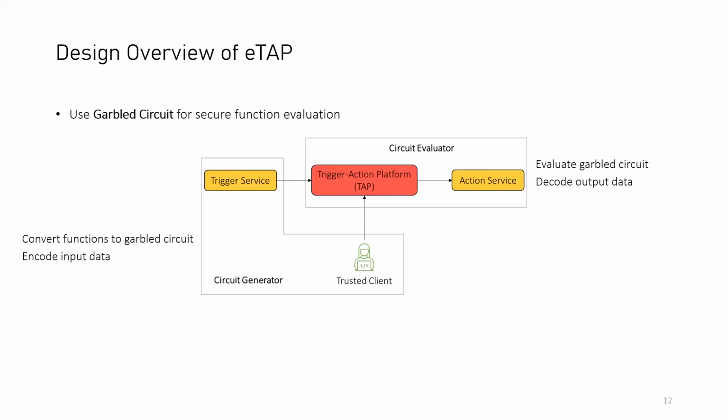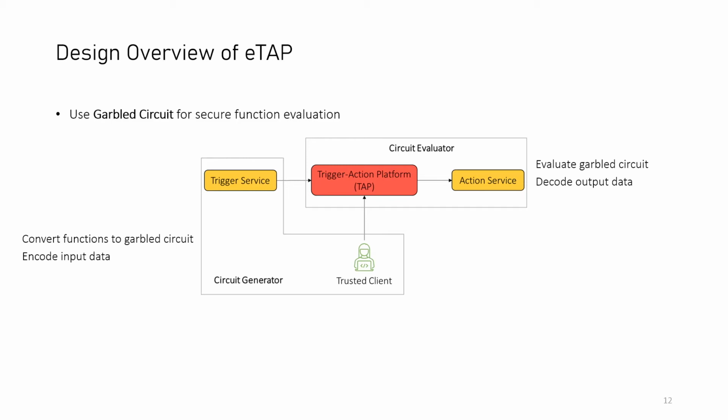Our design is based on a cryptographic protocol called Garbled Circuit to provide secure function evaluation. Garbled Circuit is originally designed for two-party computation. In a traditional protocol, one party acts as the circuit generator, which is responsible for converting functions to circuits and encoding input data, while the other party acts as the circuit evaluator, which is responsible for evaluating the circuit and decoding output data.